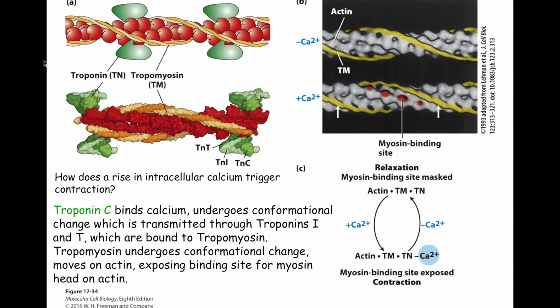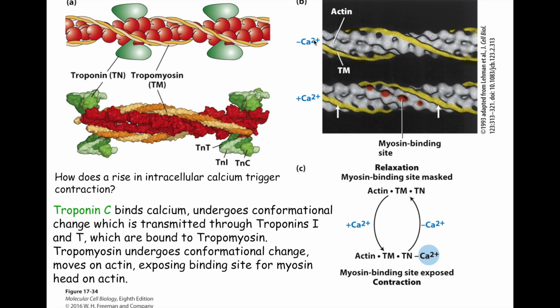They include tropomyosin and the troponins. Tropomyosin is this ropey-like thing that is wrapping around the actin filament, and the troponins include troponin N, T, I, and C, and these are calcium-binding proteins that interact with tropomyosin to cause it to change shape.